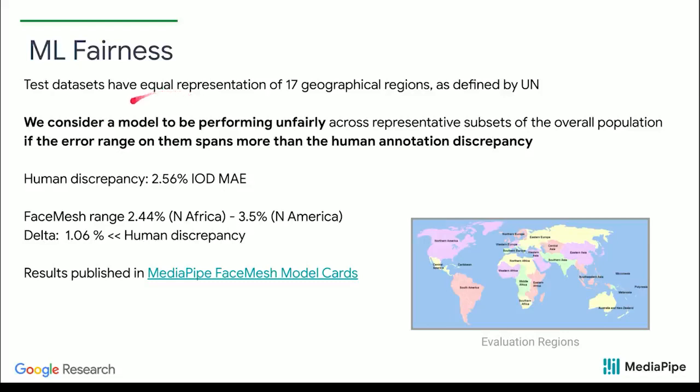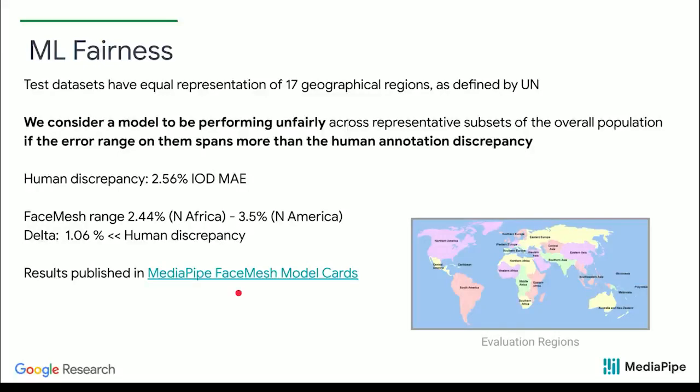We consider a model to be performing unfairly if the error range across those regions is larger than the human annotation discrepancy, which is 2.5% IOD. And you can see for our full FaceMesh, the discrepancy between regions is roughly 1%, so quite a bit less than the human discrepancy. And for details, please have a look at our model cards.